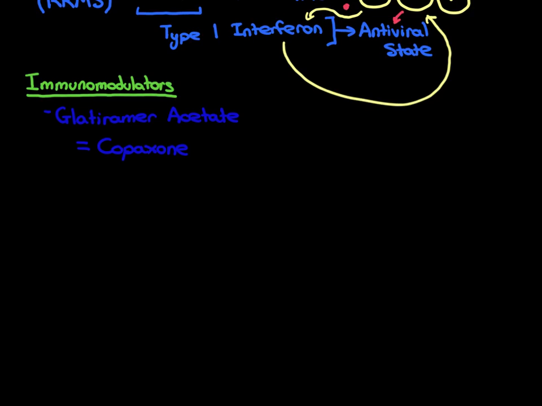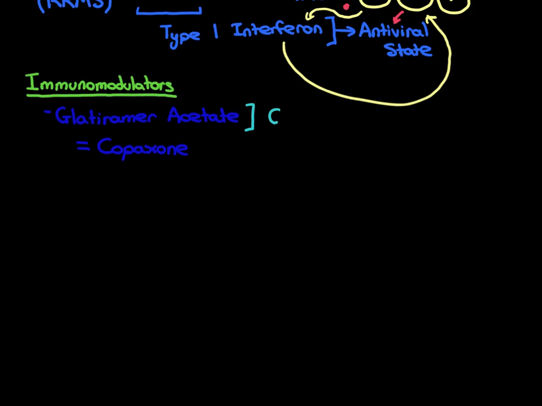So, this drug glatiramer acetate, firstly let me just tell you a little bit about it. It is actually a polypeptide, and it's a polypeptide that we produce, again, clever biomedical engineers produce, out of 4 amino acids. So let me tell you about what those 4 amino acids are.